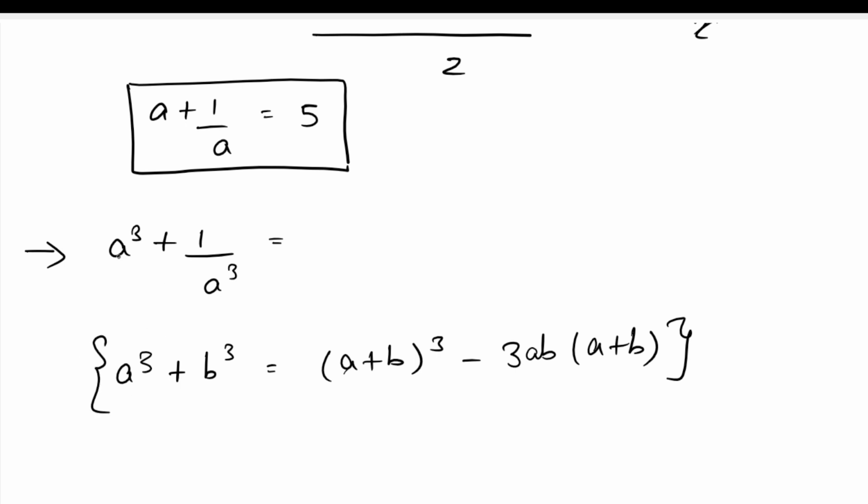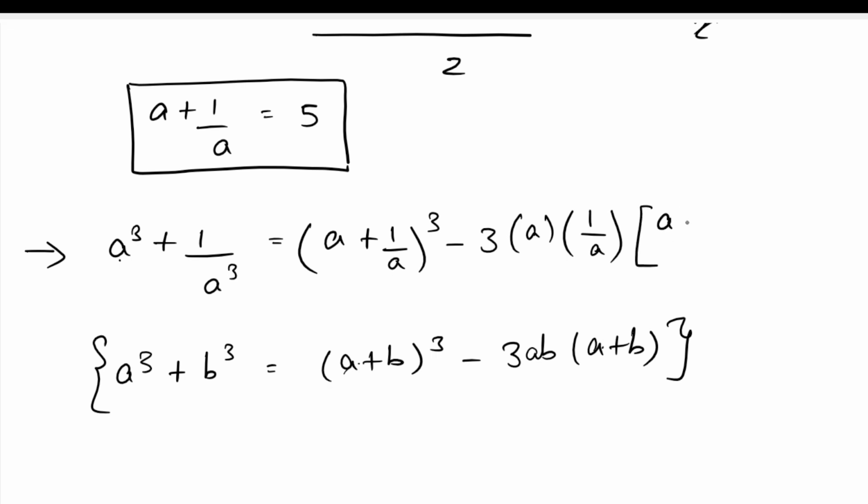So now this is a cube, b cube is 1 by a cube. So applying the formula, now a plus b the whole cube, a plus b will be a is a and b is 1 by a the whole cube minus 3 into a, which is a, and b, which is 1 by a, into a plus b.